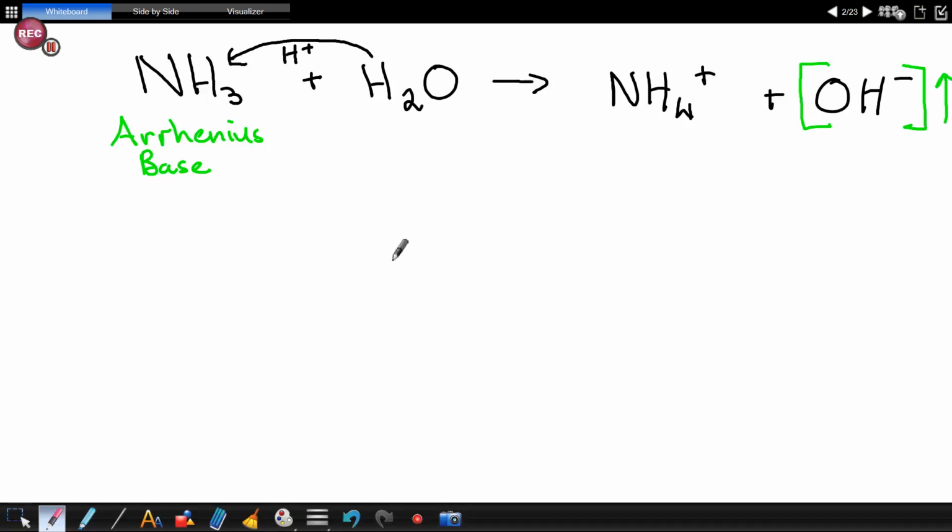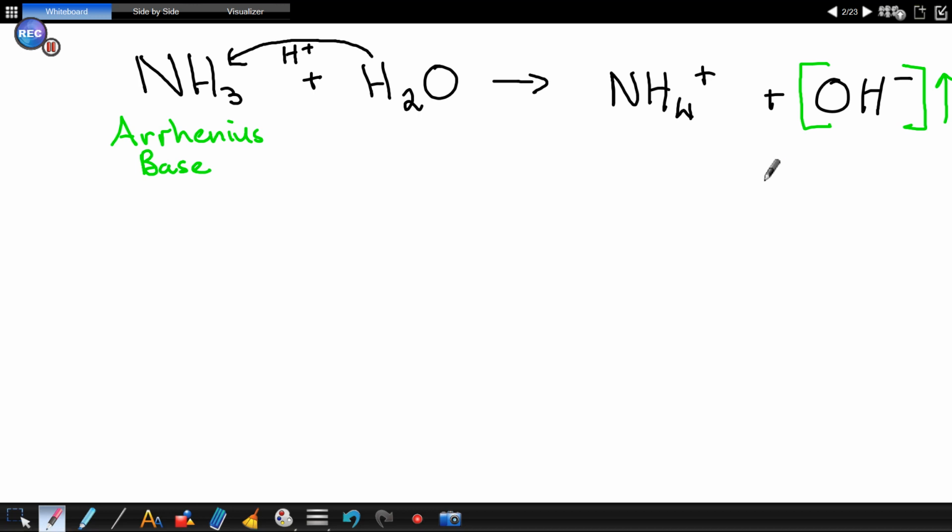The water is made up of lots of hydronium and hydroxide ions, yes, a very small percentage, but they're there. What the ammonia is doing is increasing the concentration of the hydroxide ions in the water.